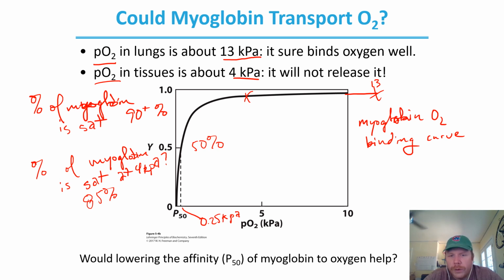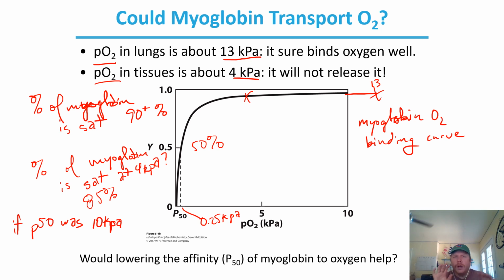So would lowering the P50 of myoglobin to oxygen help? Not really. Instead, raising it, because at that point, if you increased it to say like 10 kilopascals, say the P50 was 10 kPa, well, then at 10 kilopascals, 50% would be saturated. 50% therefore would be devoid of any oxygen.